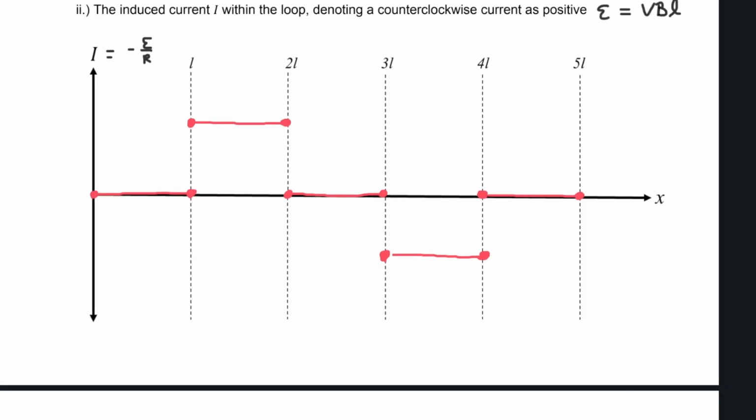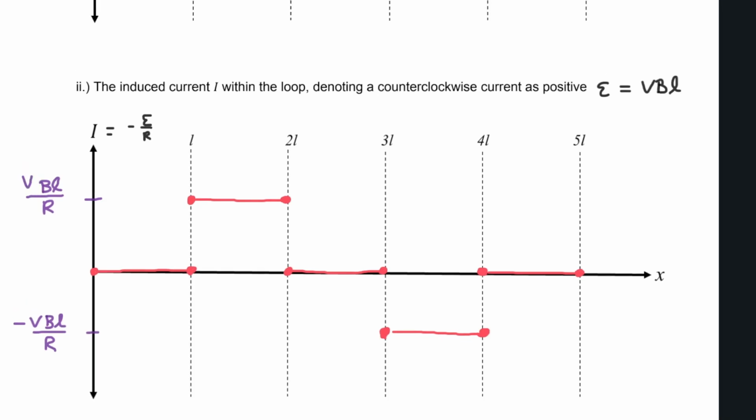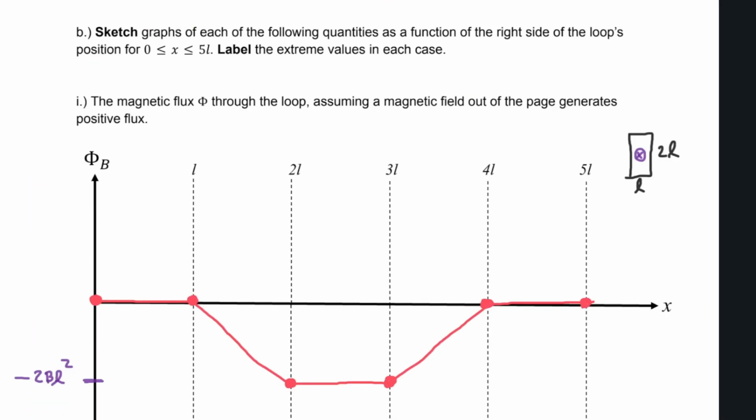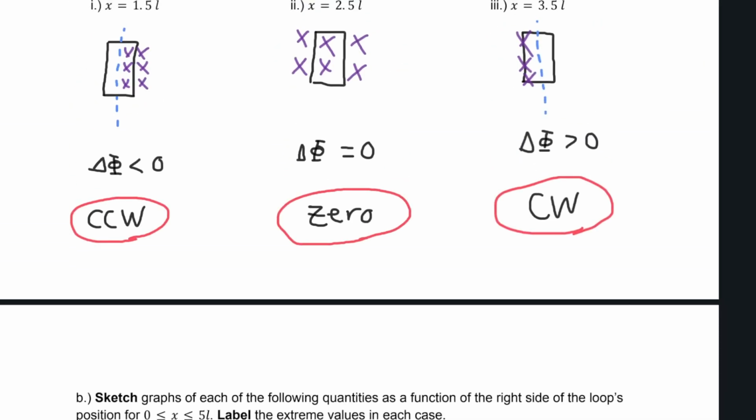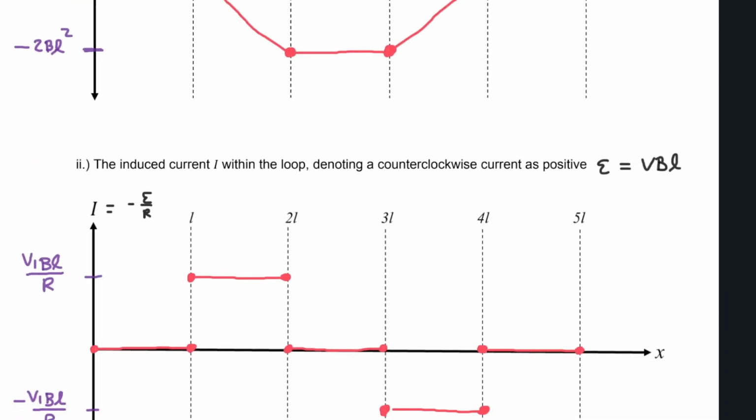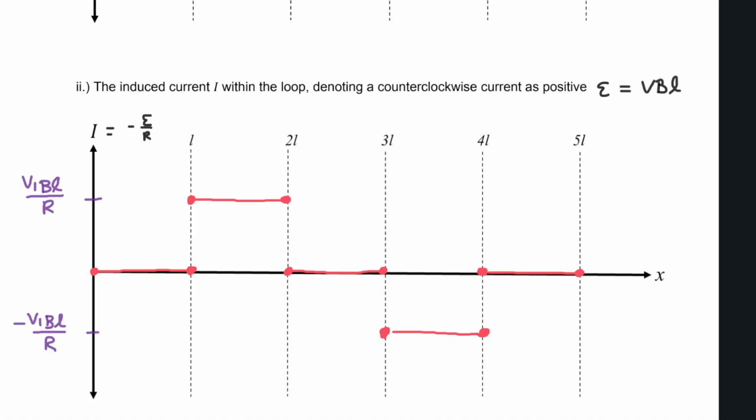So we know that this value will be VBL over R, and this value will be negative VBL over R. And I guess it did give us in the problem that the speed of the loop was V1, so I will write V1 here. And again, notice this is consistent with what we found up here, where we said there would be a counterclockwise current in this region and a clockwise current in this region.